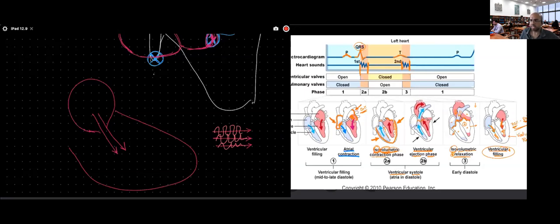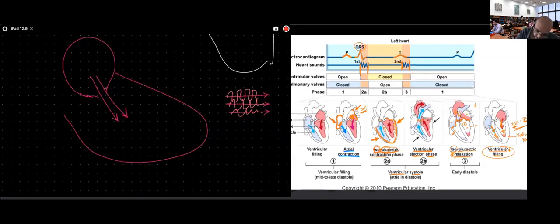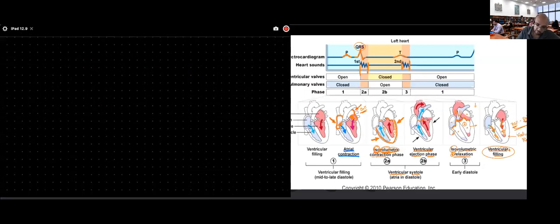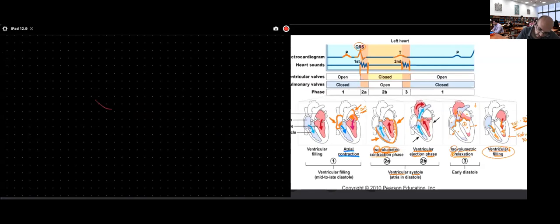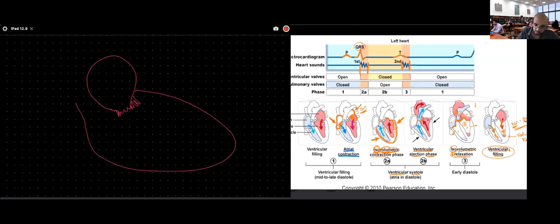And when would I have a turbulence in the blood flow? Either the valve is too tight, so we're going to call this a stenosis, a stenotic valve, or if the valve here is leaking.